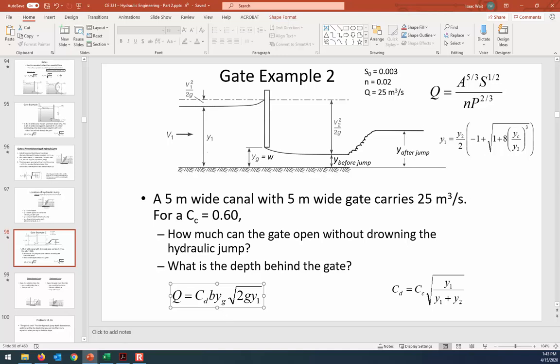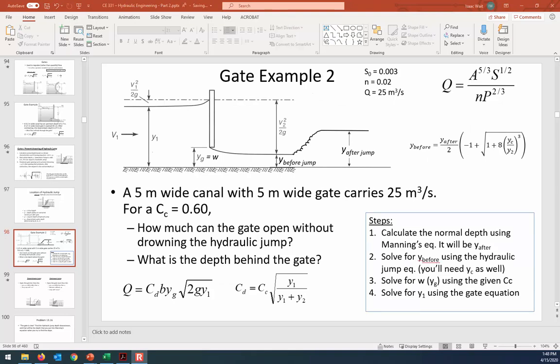Let me pause for a moment and give you a chance to do those calculations. Okay, let me show you the workflow for this, how we could find out how much the gate can be opened, and what's the depth of flow behind the gate for the situation that's described. First we calculate the normal depth using Manning's equation, which describes the depth after the jump.